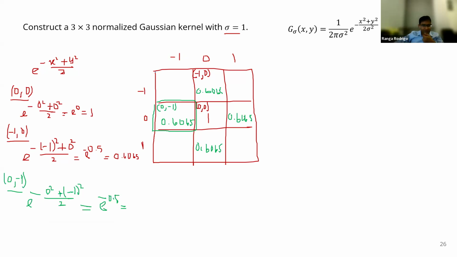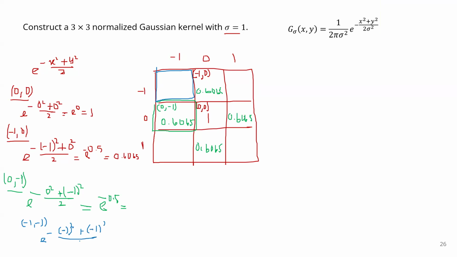If you take this one, 0.1353, most probably. So we will check that. So minus 1, we have minus 1 and minus 1. So you will have e to the power of (minus 1 squared plus minus 1 squared) divided by 2.